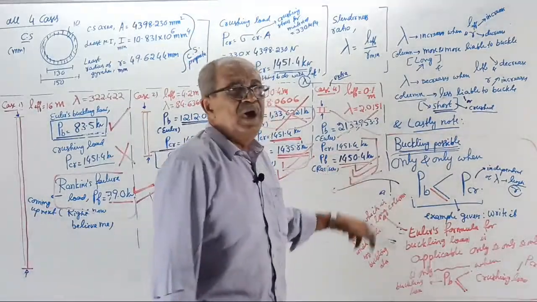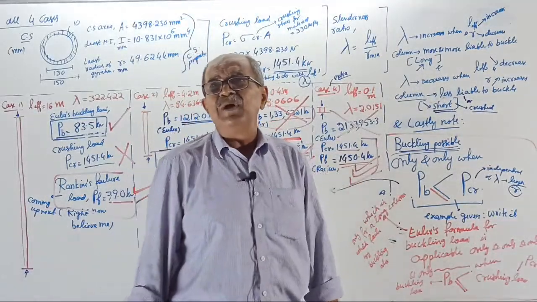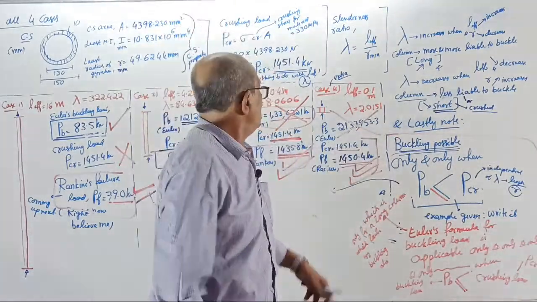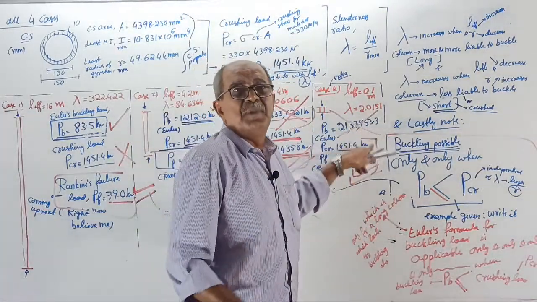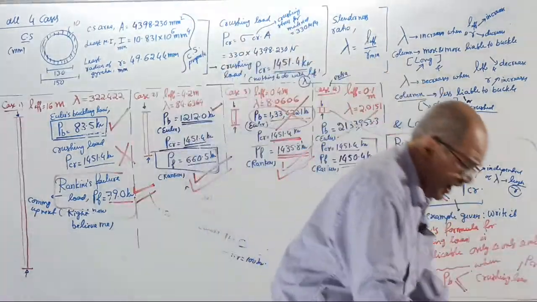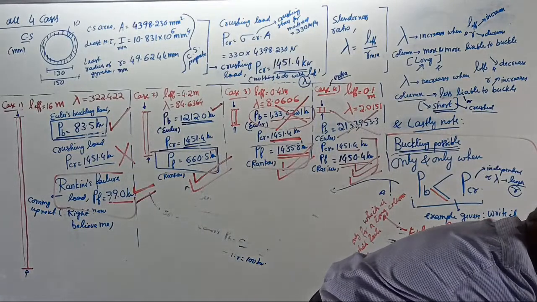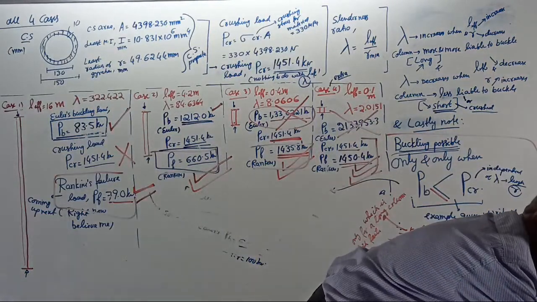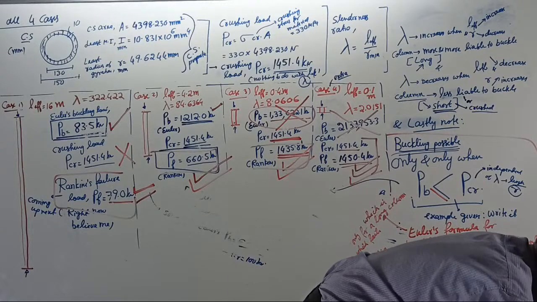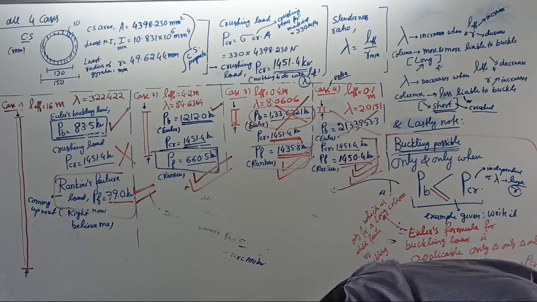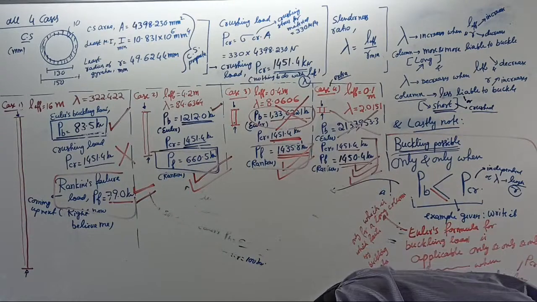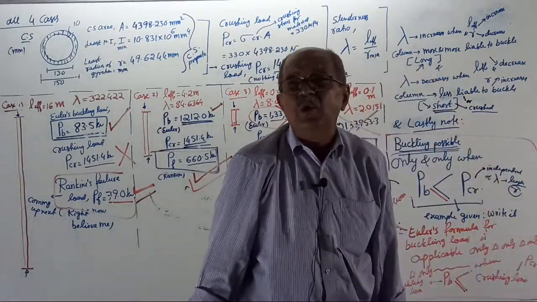If the column is very short, it will fail by crushing. Then the buckling load is nonsense. Euler will give nonsense. But Rankine gives a long column load near to the buckling load, and for a short column, Rankine will give near to the crushing load.